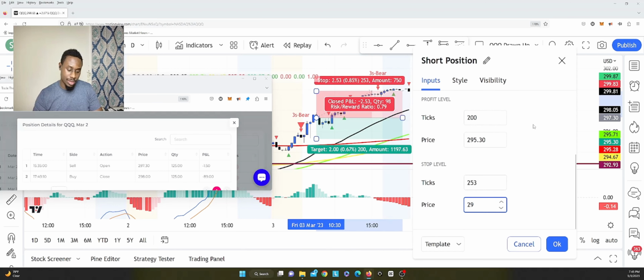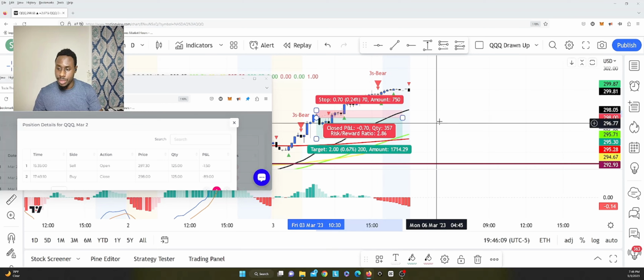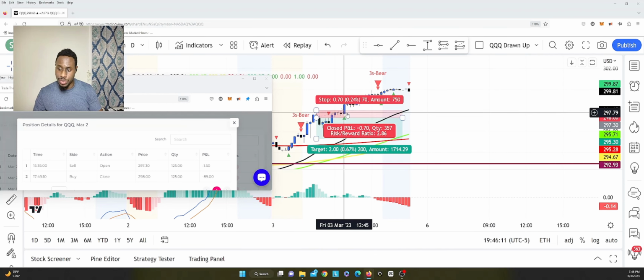So I kept the stop loss within 0.7 of the amount that I was risking, so I could only lose a max of 90 because I was trading 125 shares there. So 298. So you can see where my stop loss was hit was on this bullish engulfing candle.